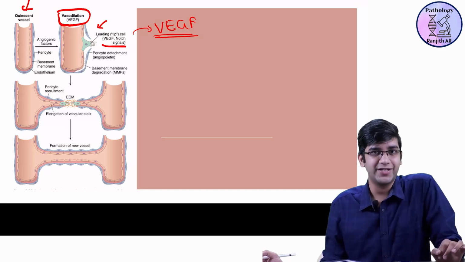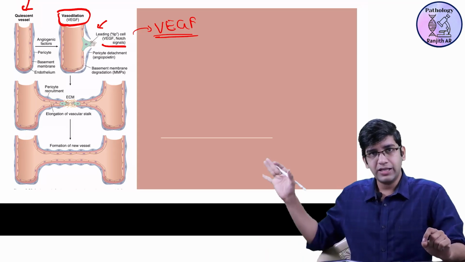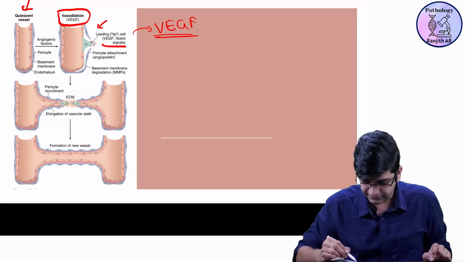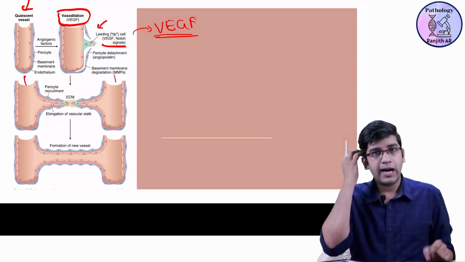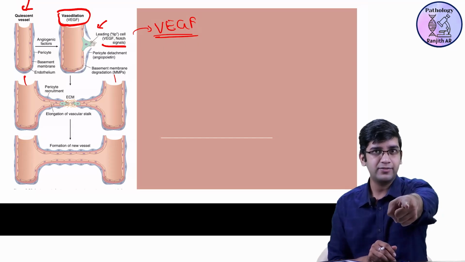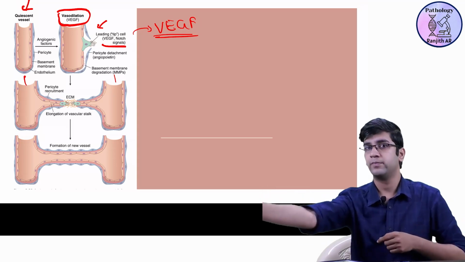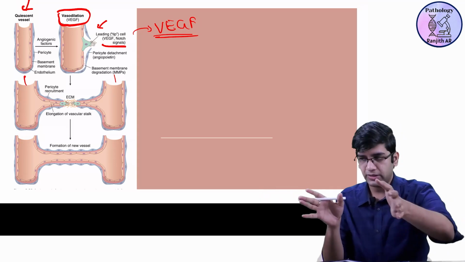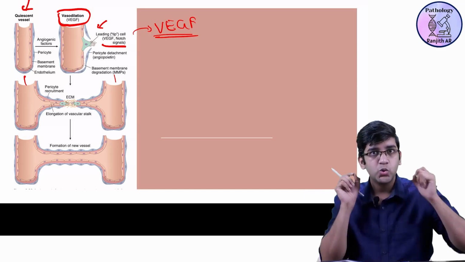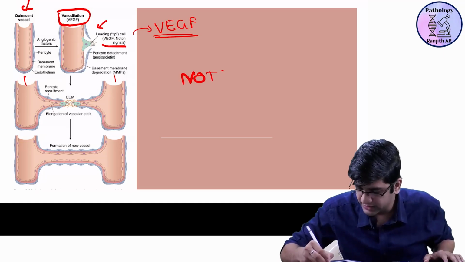The one thing I want to say here, maybe as an MCQ: I have two vessels here. How will both vessels know that they have to go in this direction only, so that they can meet the other one? Why should I not go here? When I go here and the other comes there, I cannot bind. Who tells me to go in the exact way is Notch. This is important.